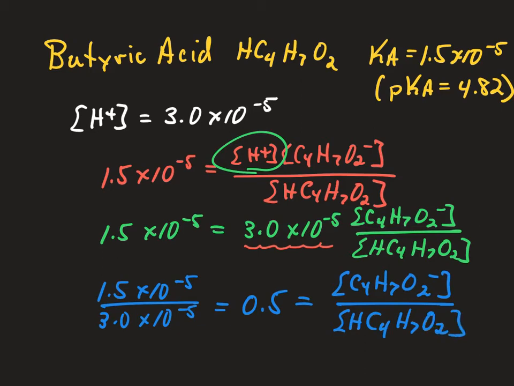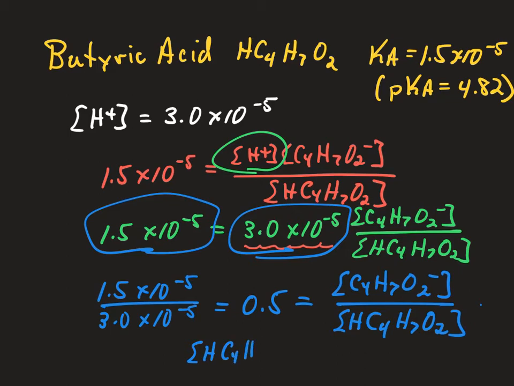Which means, anytime this is true with this acid, the concentration of butyric acid is equal to twice the concentration of butyrate ion, right?